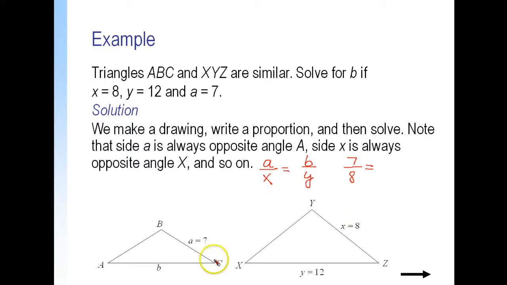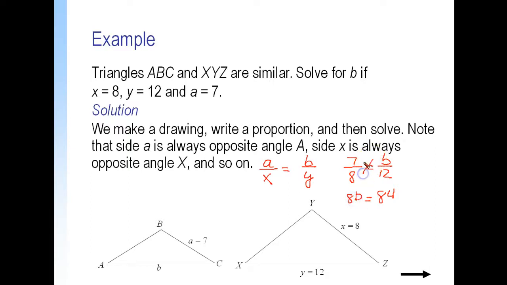As B, we don't know what B is, to 12. So 7 times 12, I believe, is 84. And that's going to be 8B.